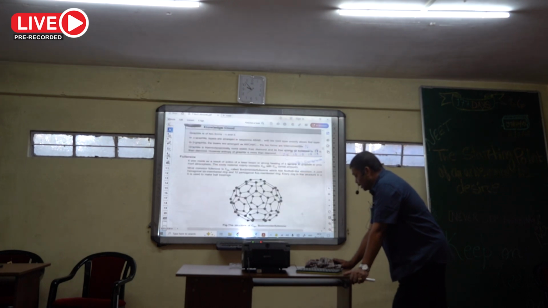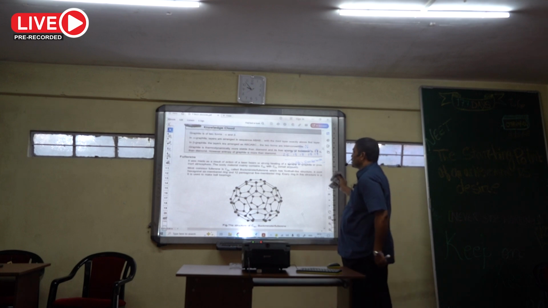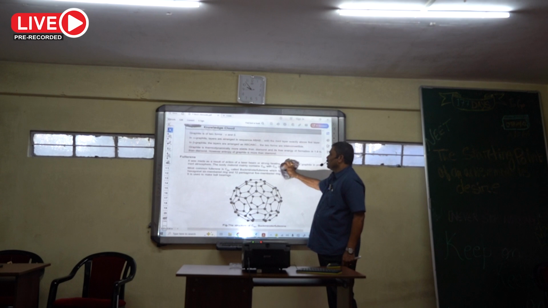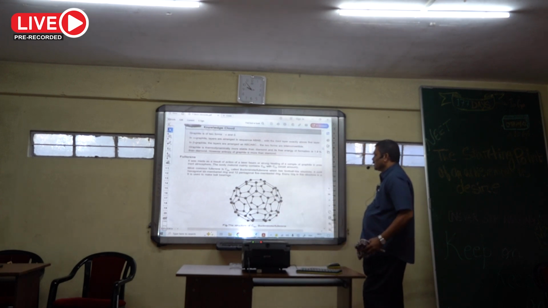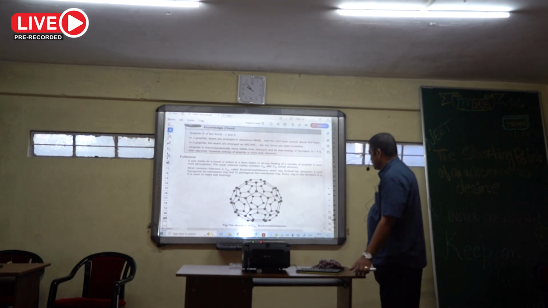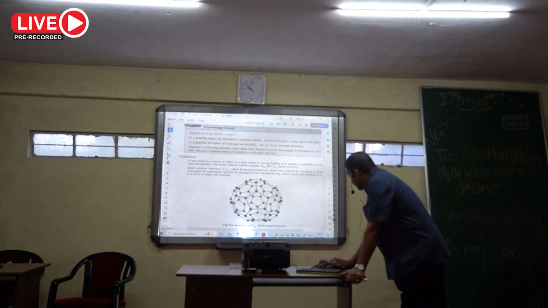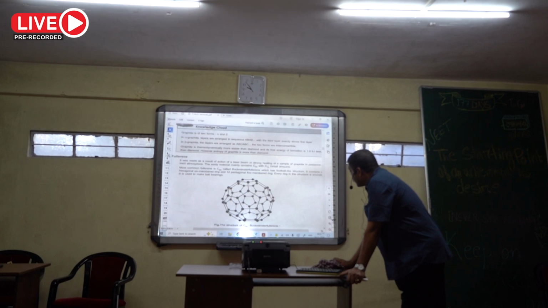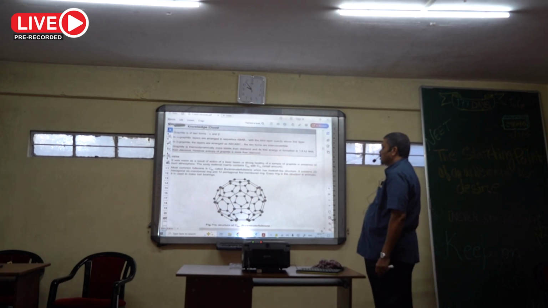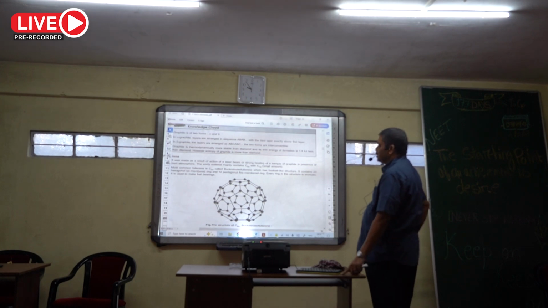Here one or two points are there. In C60, write the next point. In C60, a football shaped structure, there are 20 hexagonal 6-membered rings.